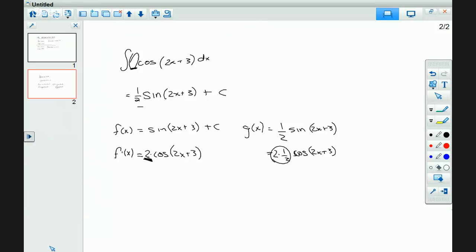So you kind of have to go backwards on the chain rule a little bit. You're dividing by the derivative of the inside. It's kind of like the power rule, I guess you could think of it that way. Remember the power rule, you add 1 and divide by that number? Here you have to divide by this number.